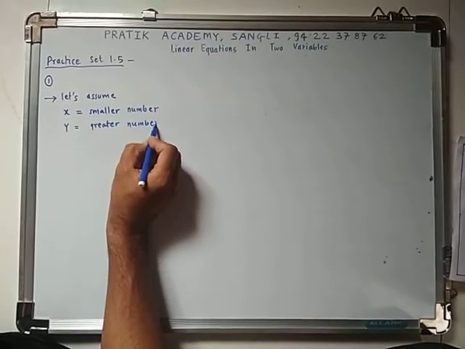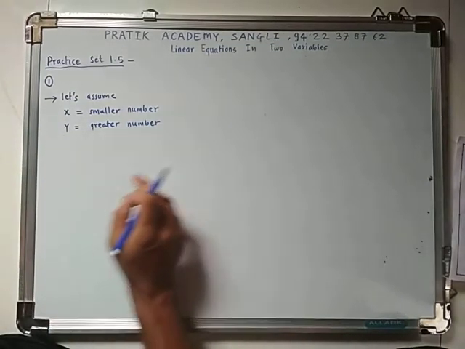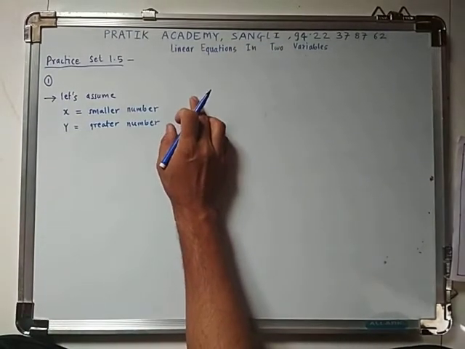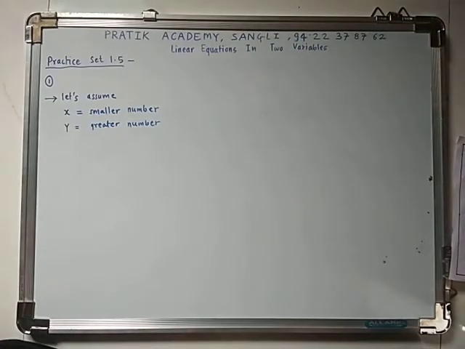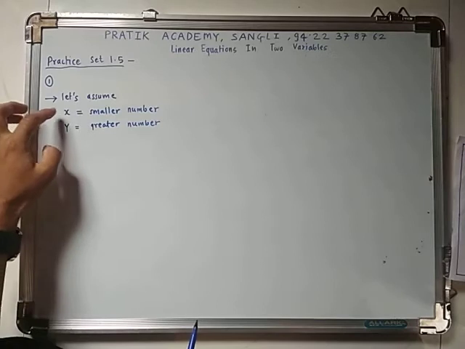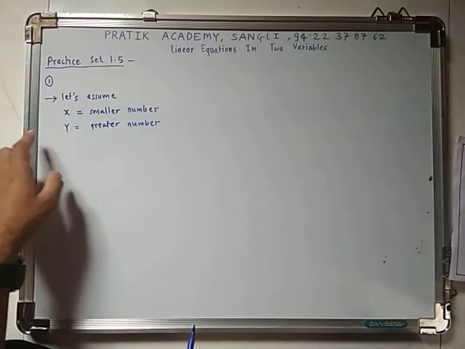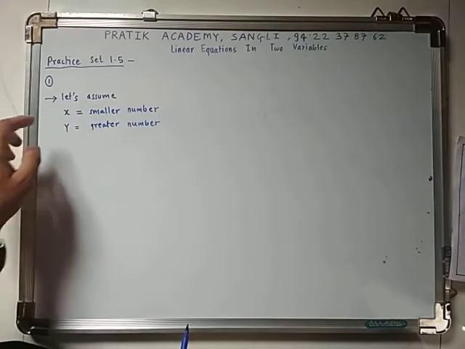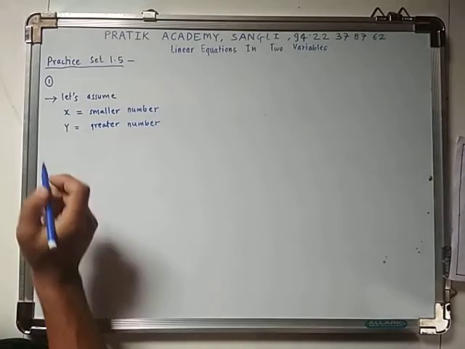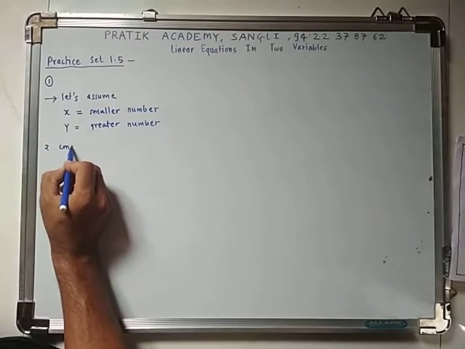So this is the first step, to assume two variables, because we have to solve problems of linear equations in two variables. Therefore we require two variables. Okay, and we have to find the values of these two variables. For that purpose we require two conditions.